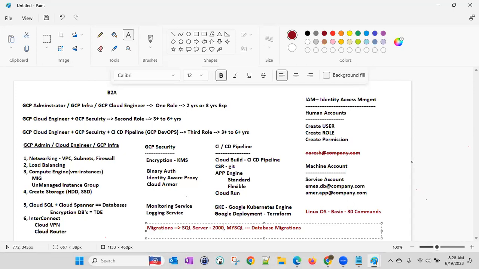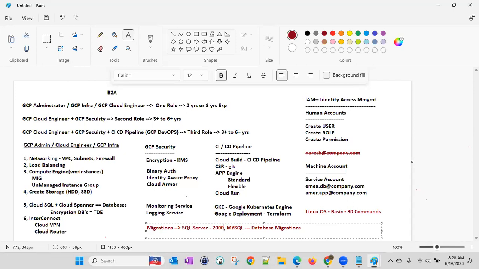For example, you have a Gmail account; they have been giving 15 GB free since you created it. If you create 10 accounts, they give 10 times 15 GB free. Same methodology: they give very minimal prices for storage.